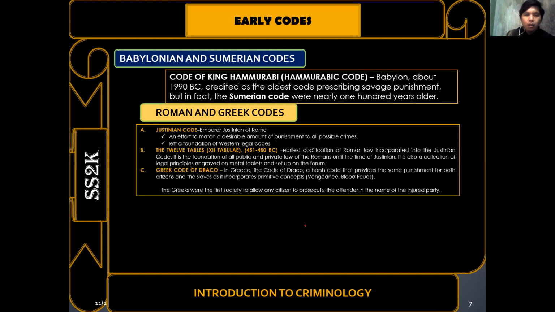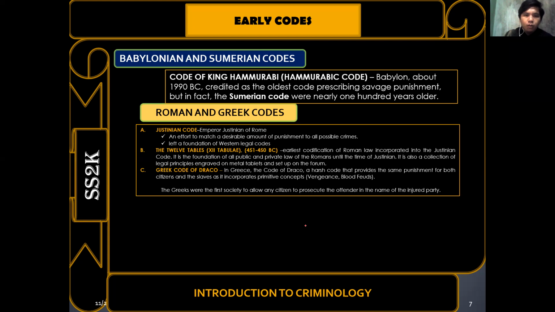We also have the Twelve Tables, or the Twelve Tables Code. It is the earliest codification. Codification means the Roman law was gathered and consolidated into the Justinian Code.